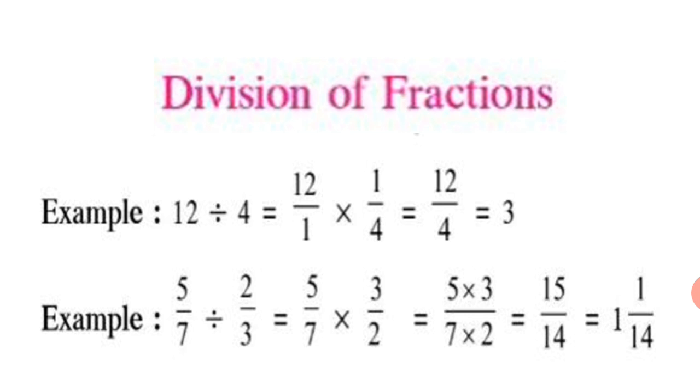This is equal to 5 into 3 upon 7 into 2 is equal to 15 upon 14. And you can find the answer as a mixed number since it's an improper fraction. So this is equal to 1 and 1 upon 14.